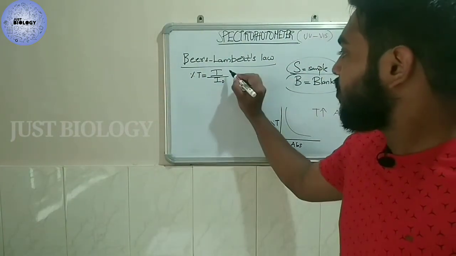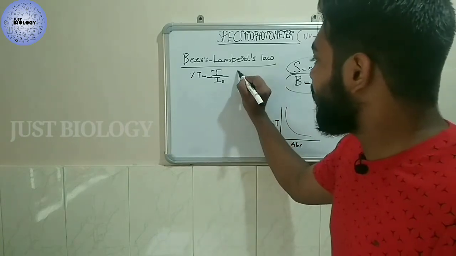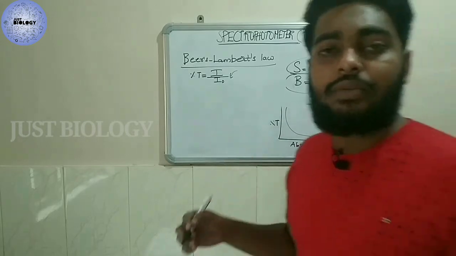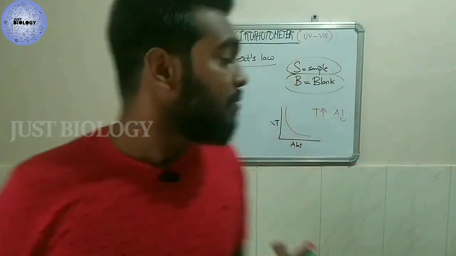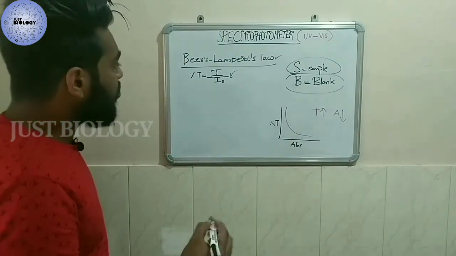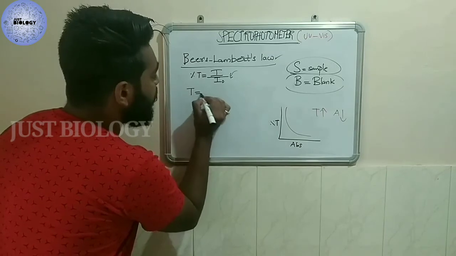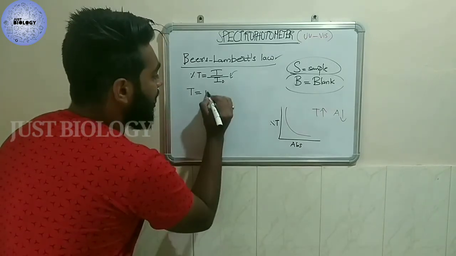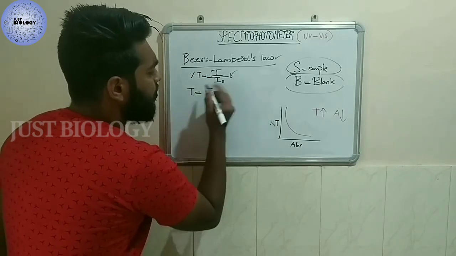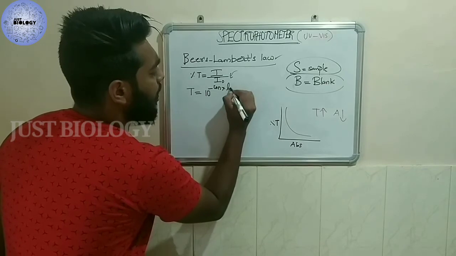Then we can do one thing here. We convert this transmittance in terms of log, according to Beer-Lambert's law. What would the equation be? The equation would be T equal to 10 power minus concentration into the length.